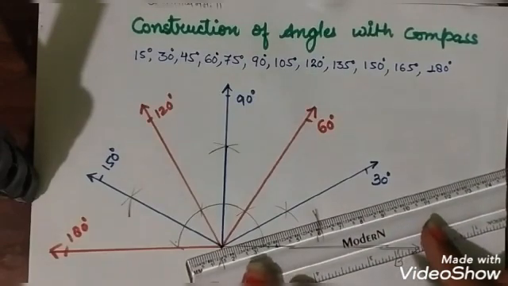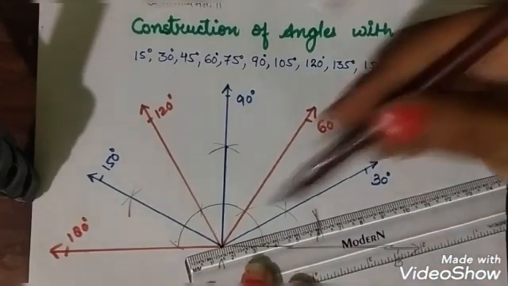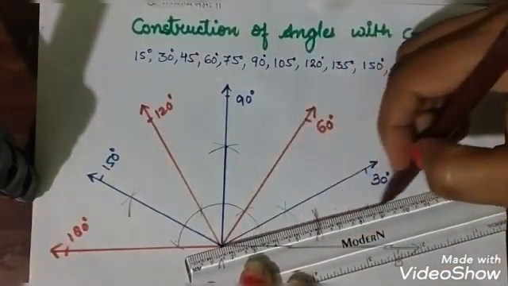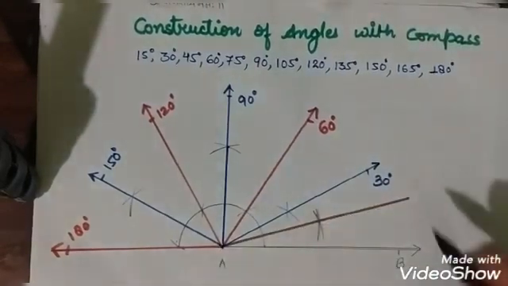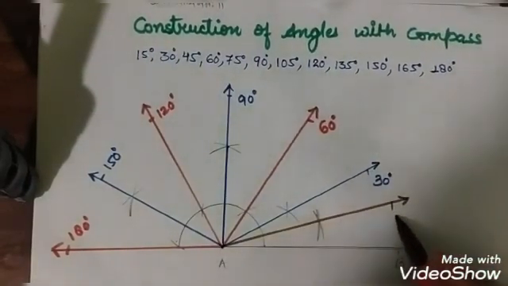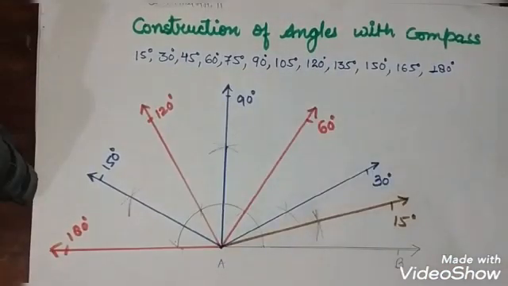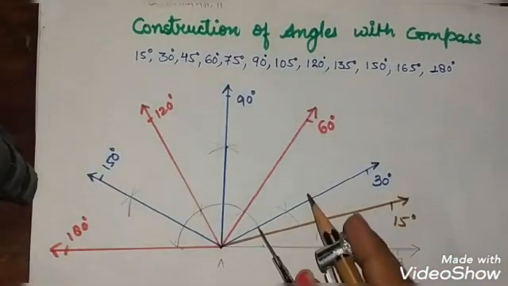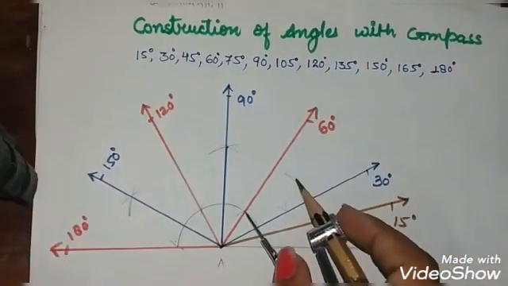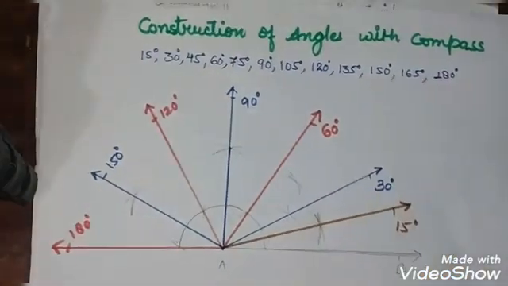Now join the point A and the point of intersection of these arcs. This is angle 15 degree. Now divide this angle to get an angle of 45.